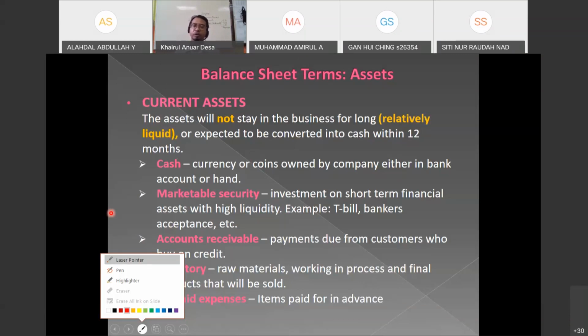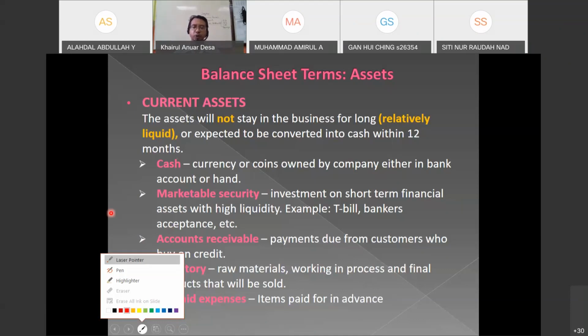Treasury bill or bil perbendaharaan is issued by the government. Ianya diterbitkan oleh pihak kerajaan untuk membiayai aktiviti kerajaan ataupun projek-projek kerajaan dalam tempoh jangka pendek. The treasury bill is the bill that is issued by the government to finance short-term projects.